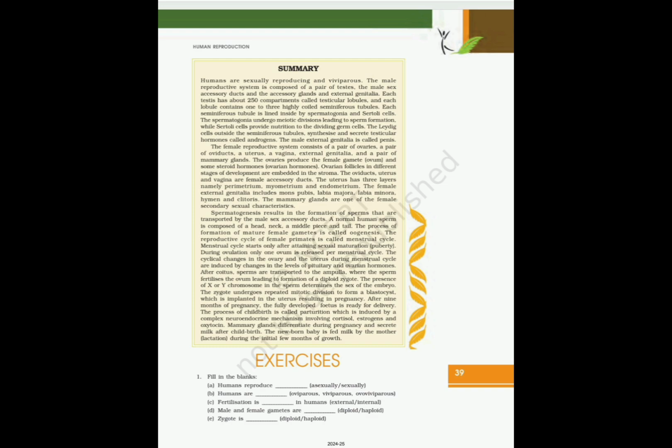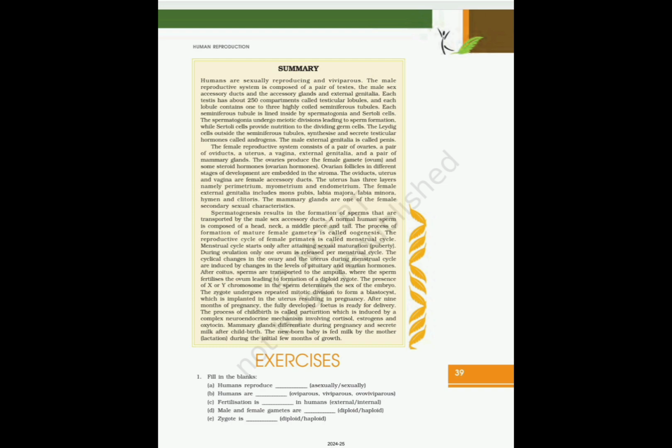The female reproductive system consists of a pair of ovaries, a pair of oviducts, a uterus, a vagina, external genitalia, and a pair of mammary glands. The ovaries produce the female gamete ovum and some steroid hormones, ovarian hormones. Ovarian follicles in different stages of development are embedded in the stroma.